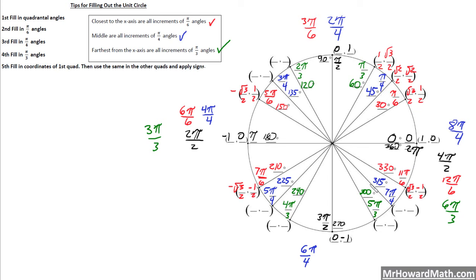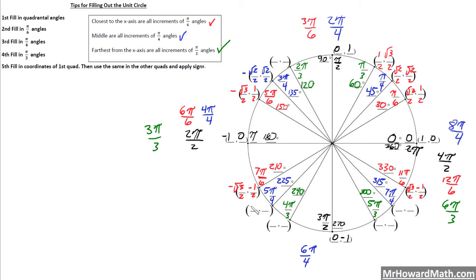So now let's do the pi over 4, which are the 45-degree increments. So these coordinates will repeat, just change their signs to the appropriate one. So square root of 2 over 2, and it needs to be negative for the x, square root of 2 over 2, and it'll stay positive for the y. The y coordinate is positive over here, the x coordinate is negative.